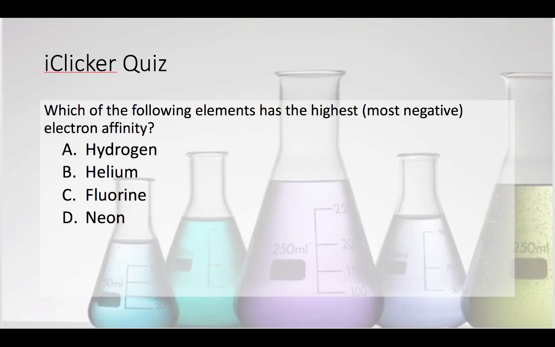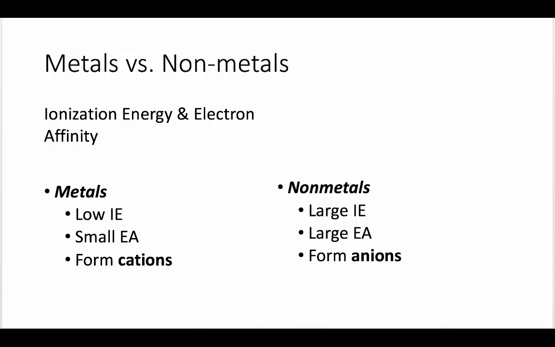So we're down to hydrogen and fluorine. It turns out that fluorine is going to be the winner here for the most negative electron affinity. And if we look back at our chart from before, we'll see it's something like negative 300 kilojoules per mole, where hydrogen is a lower number. This follows the trend for electron affinity increasing from left to right across the periodic table.